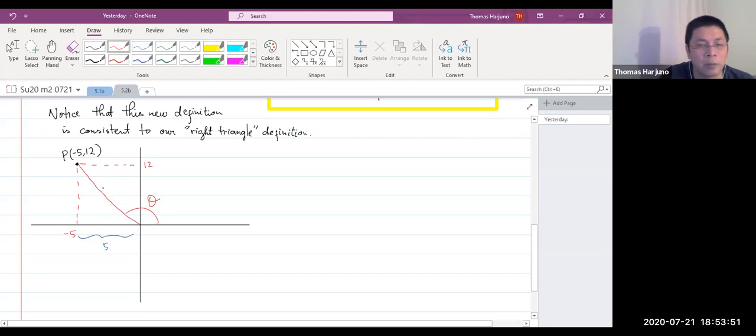Then the hypotenuse will be 13 by Pythagorean triple. Now using that idea, what will our sine theta be? Sine theta will be y over r. Cosine theta will be x over r, which is -5 over 13, but the x is negative now. While tangent theta will be y over x, that will be 12 over -5.